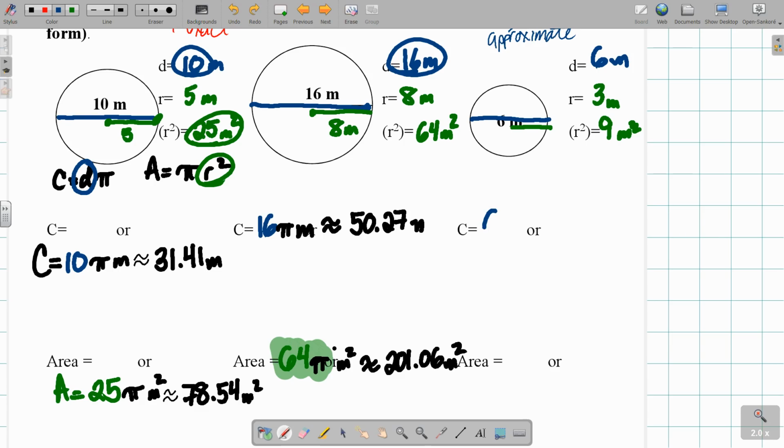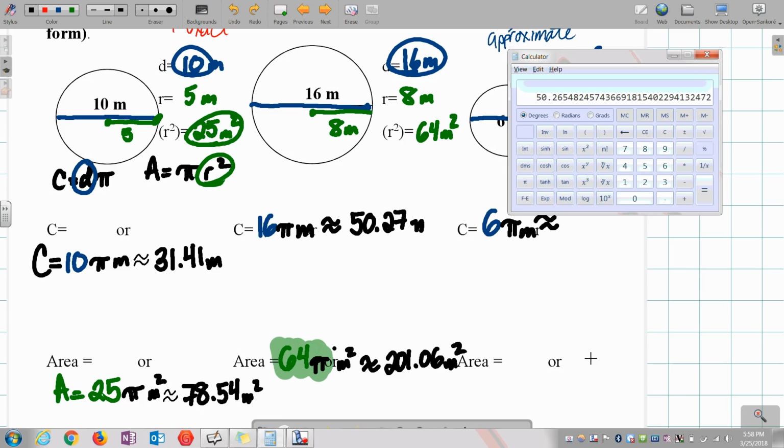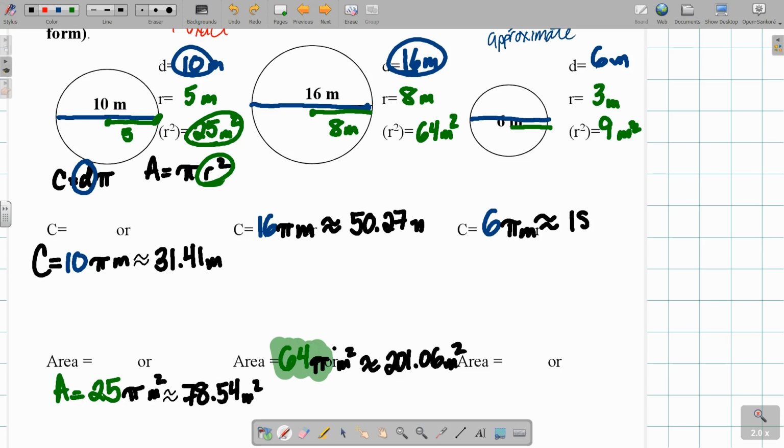So we simply go 6 pi meters. Your little approximation sign, get out your calculators. Approximately 18.85 meters.